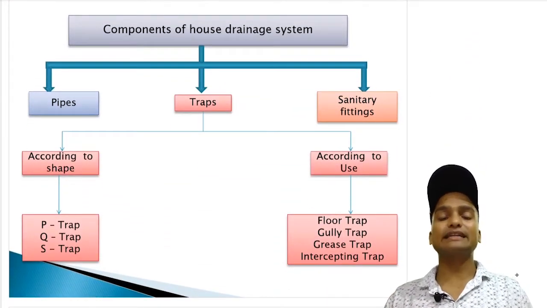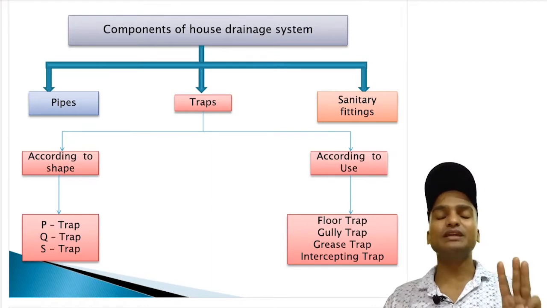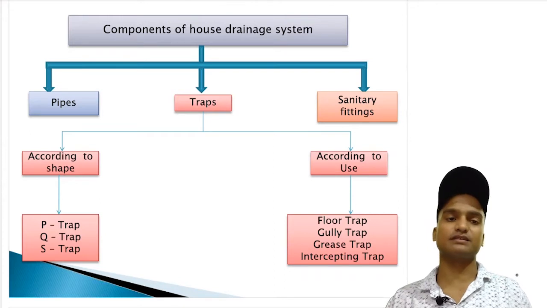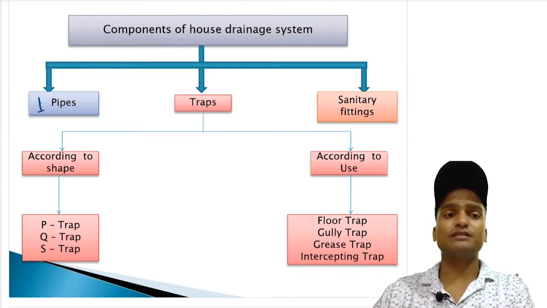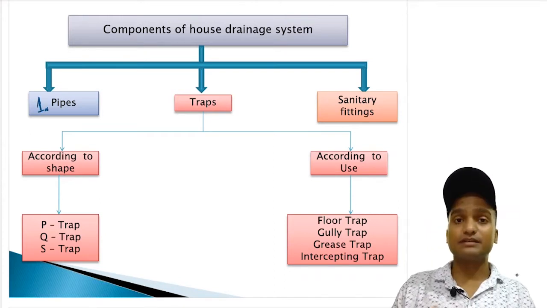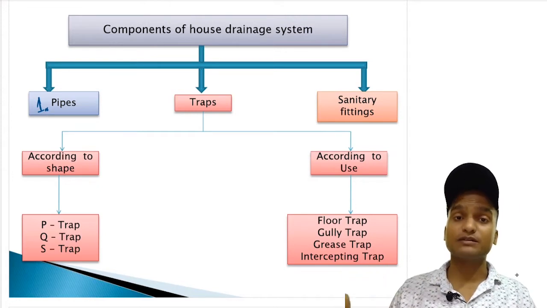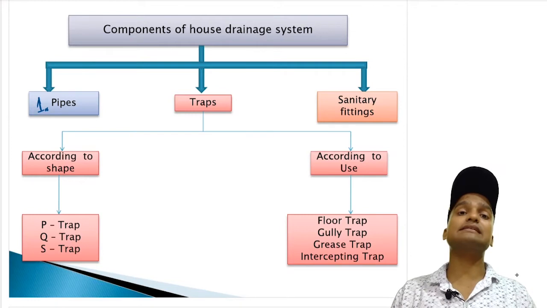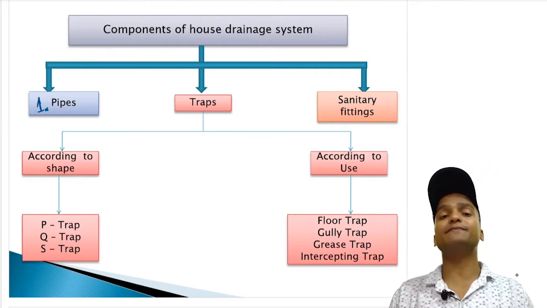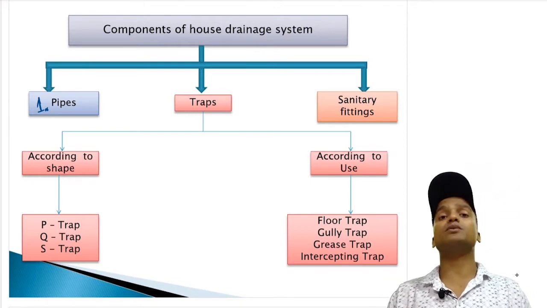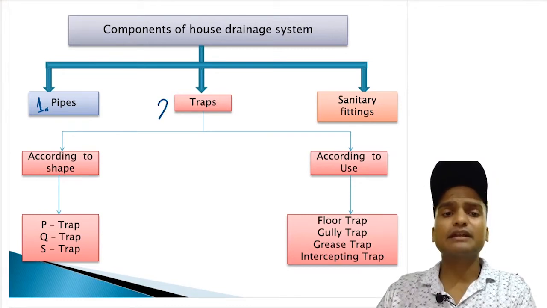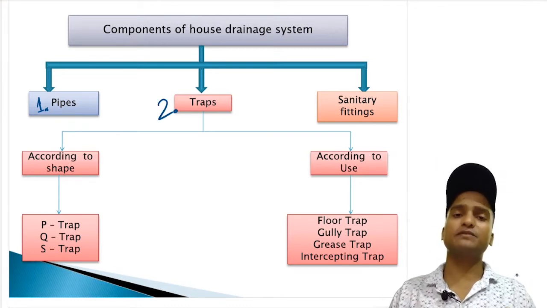I have basically categorized the components of the house drainage system into 3 categories. The very first component is the pipes, and we have discussed different types of pipes based on different materials. But in this section we will be discussing different types of pipes based on the purposes or functions they serve. The second one is the traps. Traps are very essential.